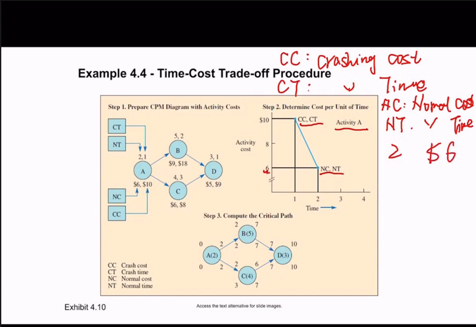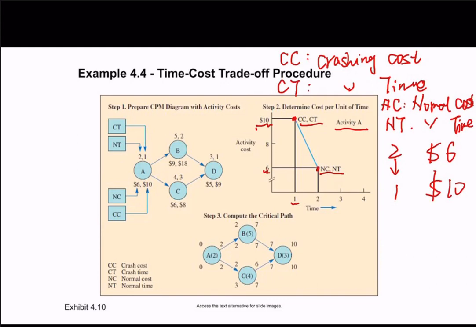So this is how we complete activity A. But what if we want to shorten the time for activity A? If it is shortened from 2 to 1, the cost will be 10 according to the figures here. So this point stands for the crashing cost and crashing time. The crashing time will be 1 and the crashing cost will be 10. So this is how we have all the information here, and we connect these 2 points together.